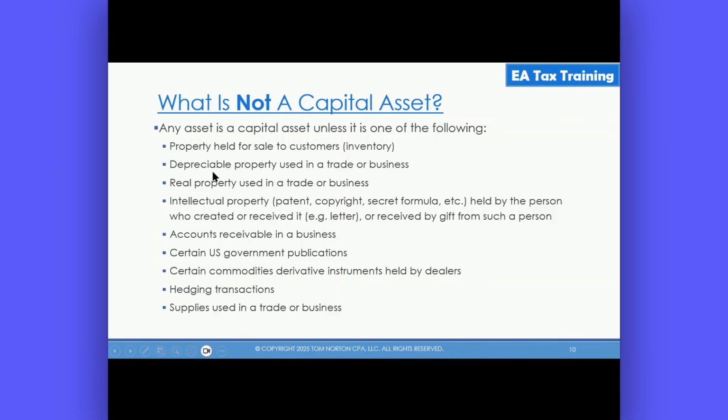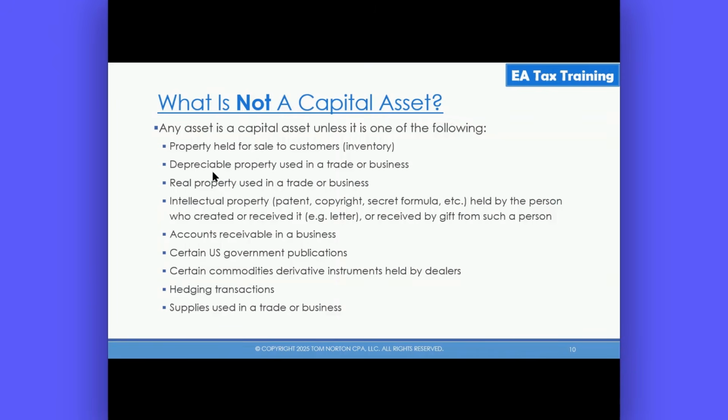But if you or I own a car just in our personal lives that we drive around, that same car is a capital asset. It's not the fact that it's a car that determines whether or not it's a capital asset. It is how that car is used, whether or not it is used in a business.